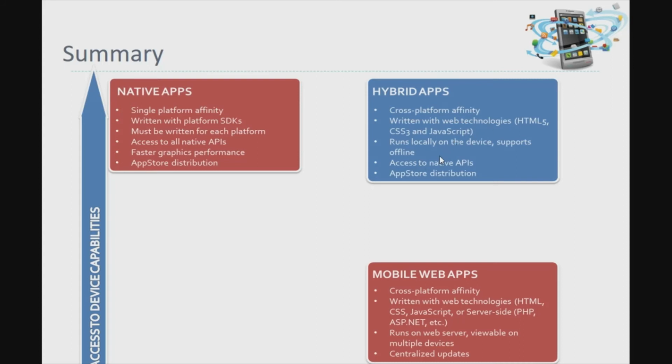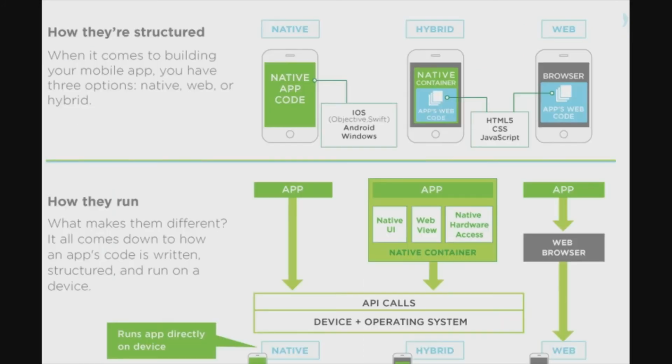It runs locally on the device, which supports offline like the native, has access to native API, and is distributed using the application store. So there's the similarity and the difference, or the summarization of the native application, hybrid application, and mobile application. Sorry, mobile web application.